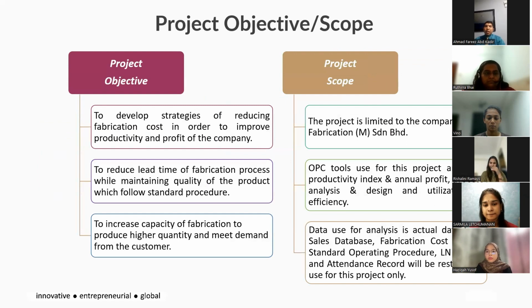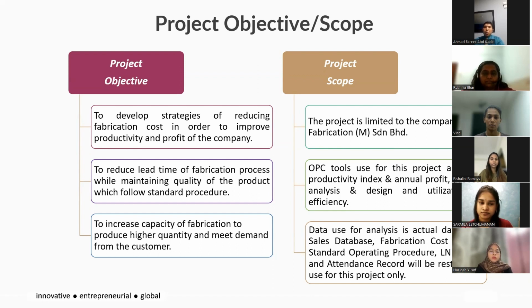Okay, this is the project objective. The first one is to develop strategies of reducing fabrication costs in order to improve productivity and profit. The second one is to reduce lead time of the fabrication process while maintaining the quality of the product. And the third one is to increase capacity of fabrication to higher quantity and meet customer demand. The scope of the project is limited to the company, Sifa Fabrication Malaysia Sdn Bhd.